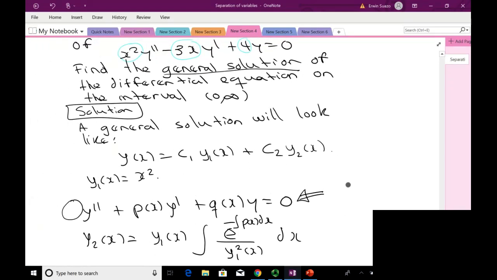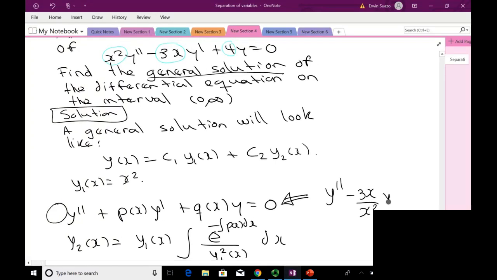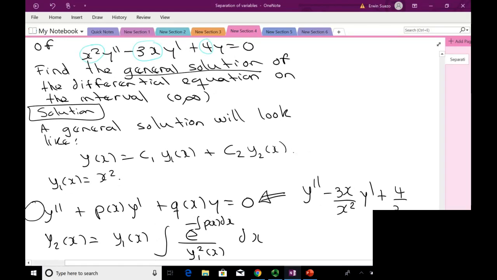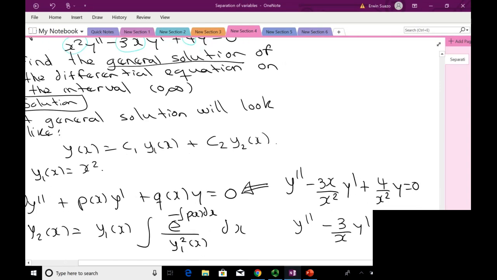We get y double prime minus 3x over x squared y prime plus 4 over x squared y equals 0.